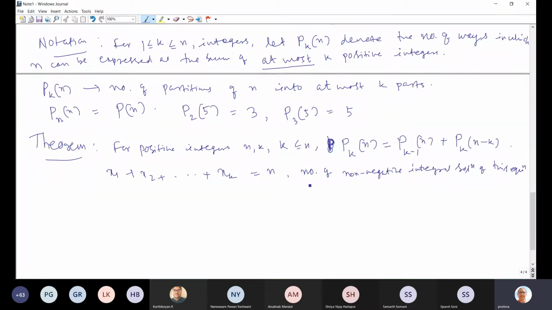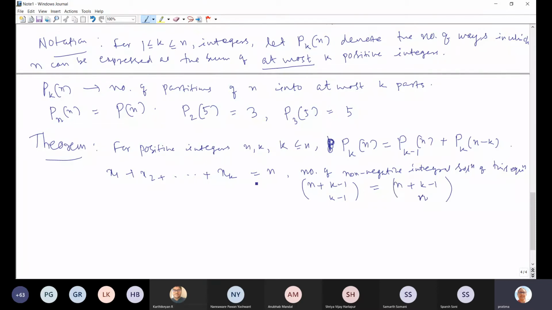It was n plus k minus 1 choose k minus 1, or equivalently n plus k minus 1 choose n. Both are the same.